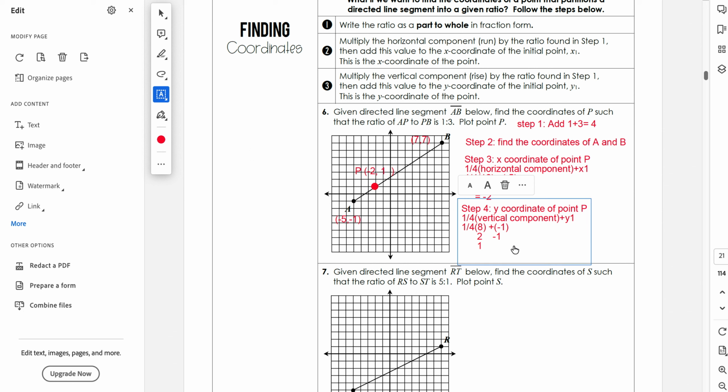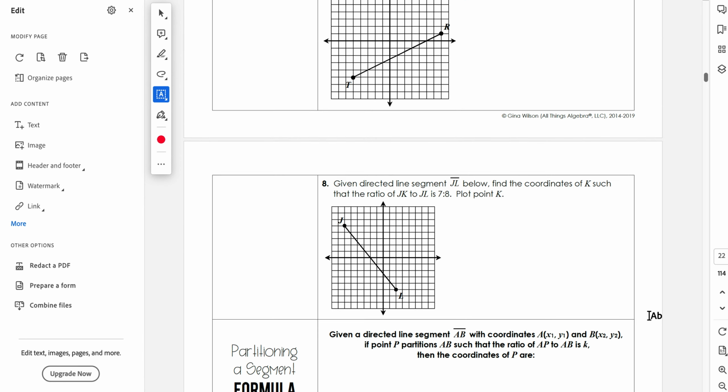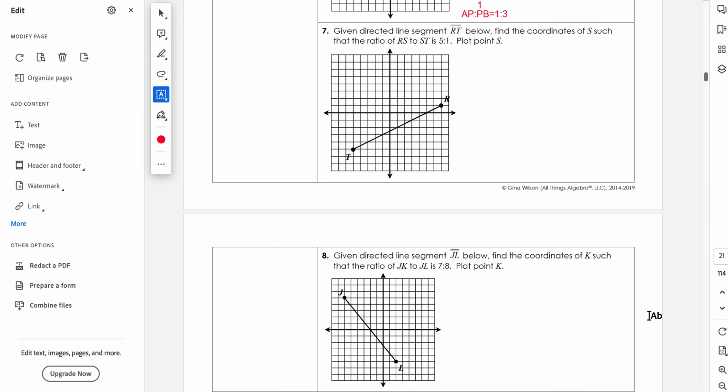So now we know that AP to PB is equal to 1 to 3. Alright, so then take a minute to think about that, and then go ahead and finish examples 7 and 8.